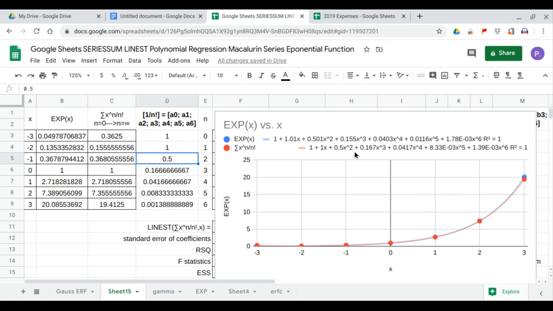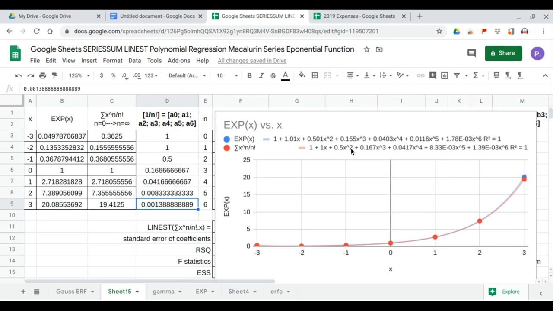A2 is 0.5, A3 is 0.16, A4 is 0.0417, A5 is 8.33 times 10 to the minus 3, and A6 is 1.39 times 10 to the minus 3.